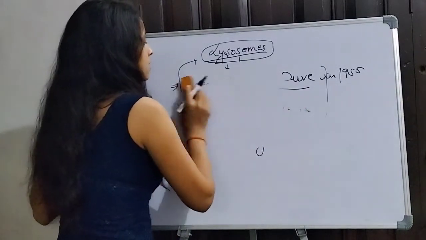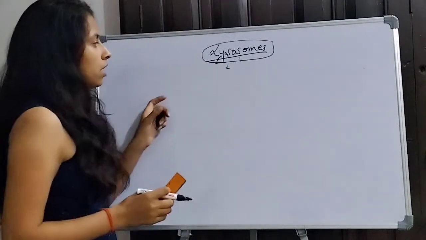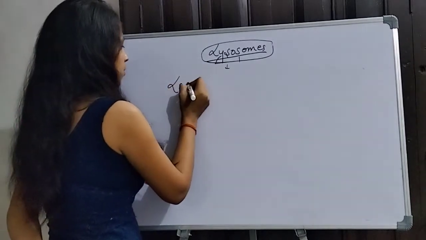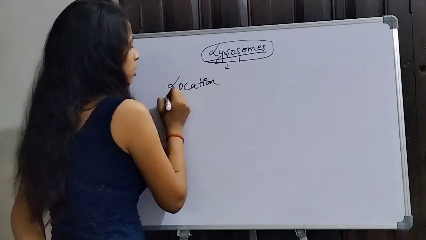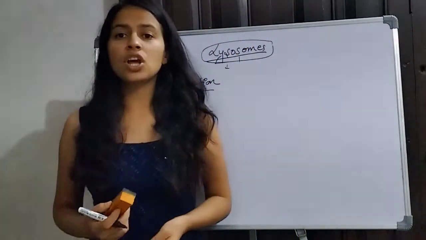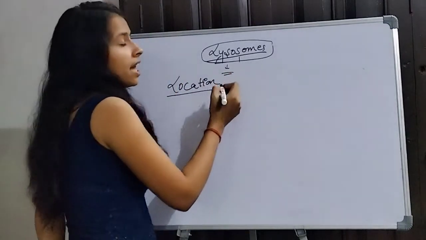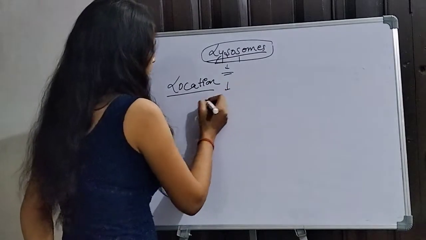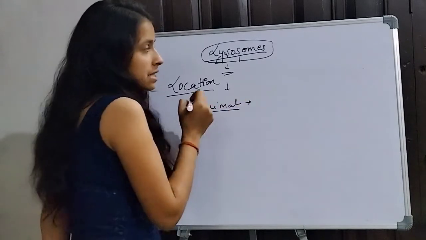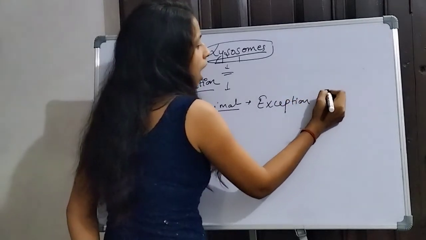So we learned the definition and the meaning of the lysosome, and second we learned about discovery. Third, we learn about location. Lysosomes help in digestion, so they are basically present in animals, plants, and fungi. But there is also an exception. They are present in animal cells, but the exception here is that they are absent in RBC.